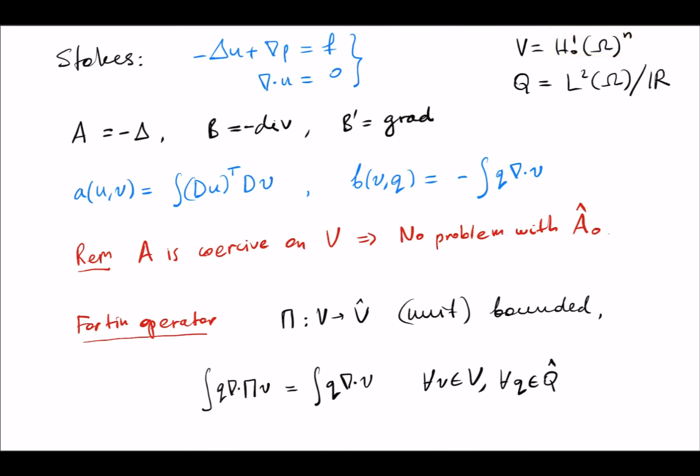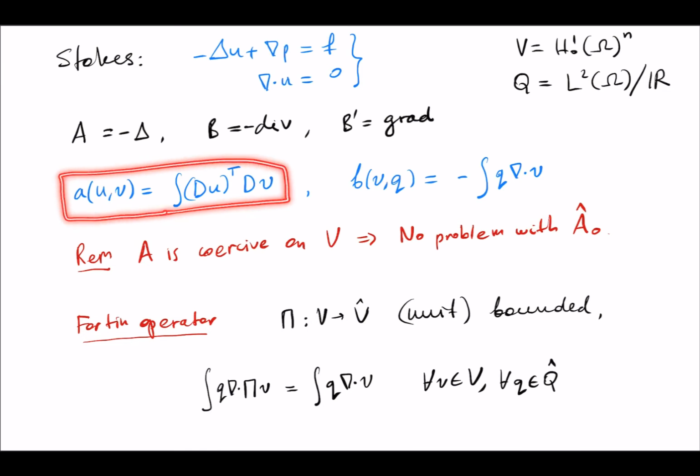And the so-called pressure space is the L2 functions with mean 0. That's the space Q. In this case, the operator A is minus Laplacian acting on vector fields, and B is minus divergence, and B prime is the gradient operator. And the corresponding bilinear forms are here.